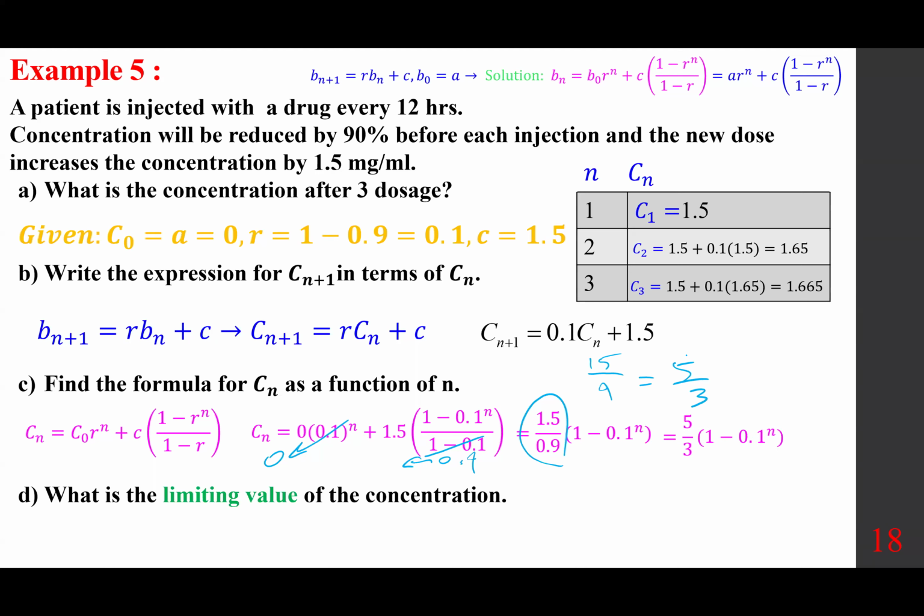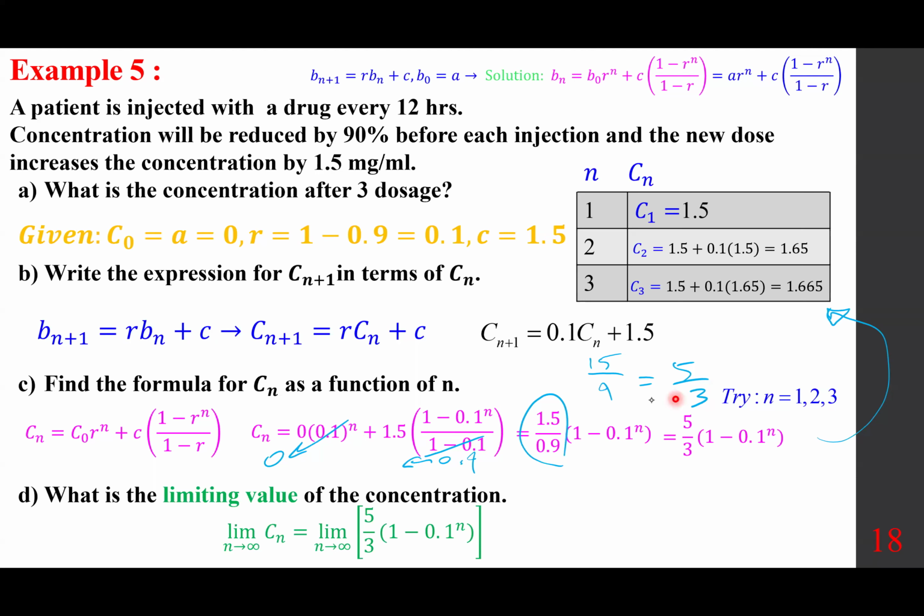And now, just for the sake of argument, if you try n equals 1, 2, 3, you get the same table that we got here. And again, we definitely write it in this format for the sake of the last step, which is finding the limit.